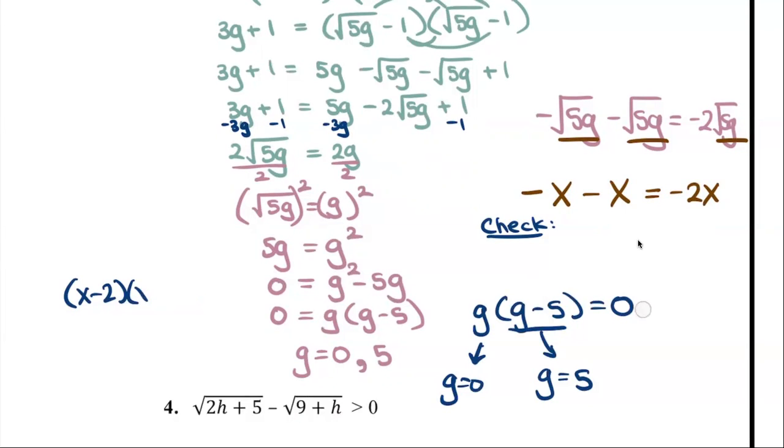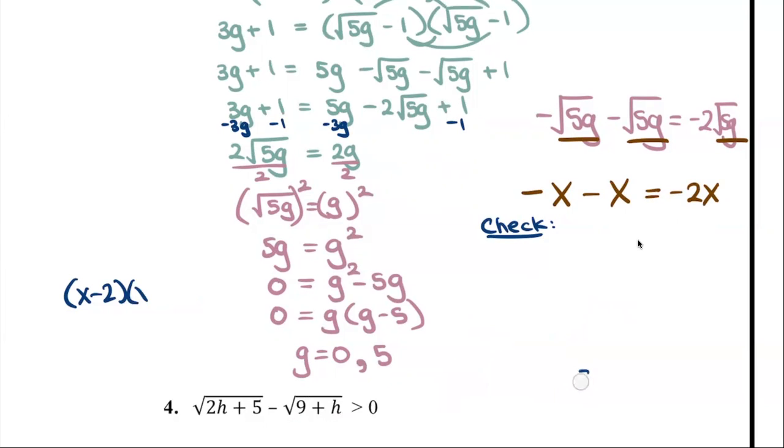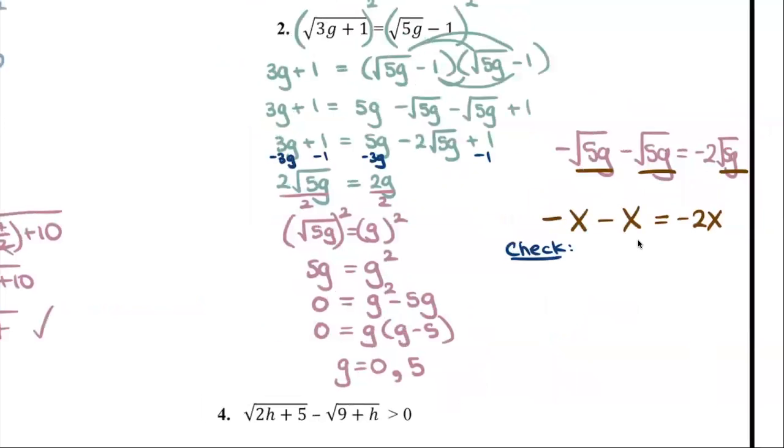So let's do our check and see if any of these work out. All right, so let's plug in 0 in the original equation. So I have square root of 3 times 0 plus 1 is equal to rad 5 times 0 minus 1.